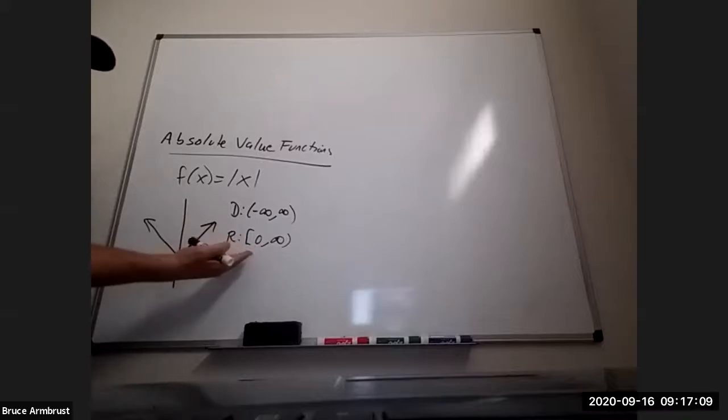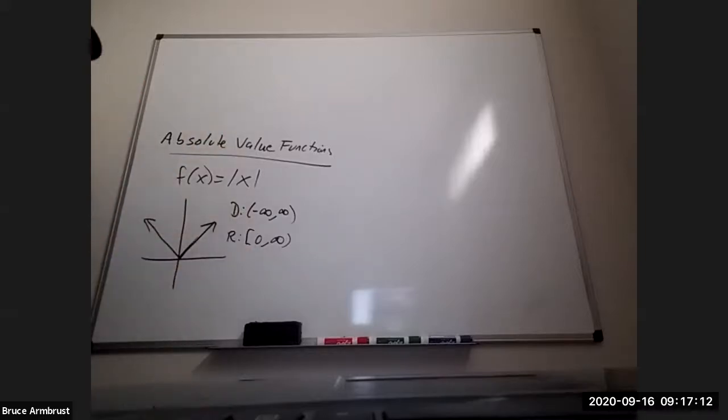You can get anything you want out that's from 0 on up. You get 0 out when you plug in 0, and anything else, absolute values give you the positive. Because what absolute value really does is just find the distance from that number to 0. And if we're talking about distances, distances are never negative. That's why the range is what it is.